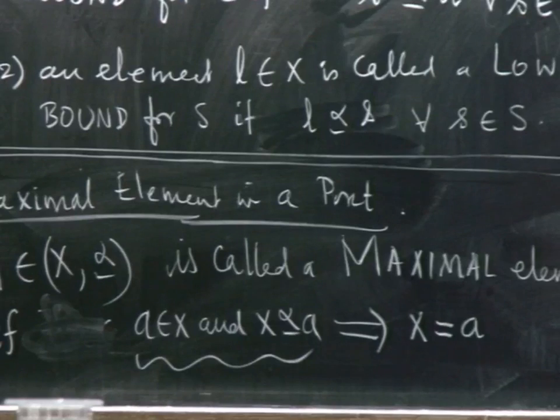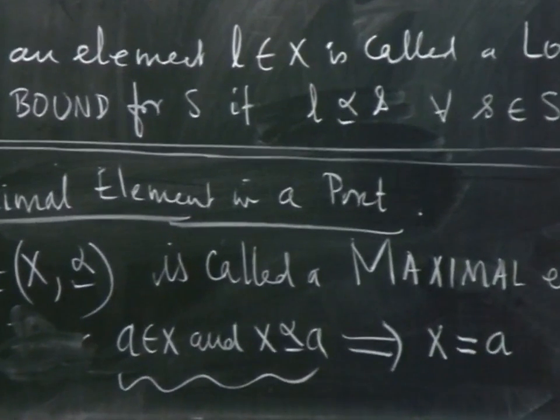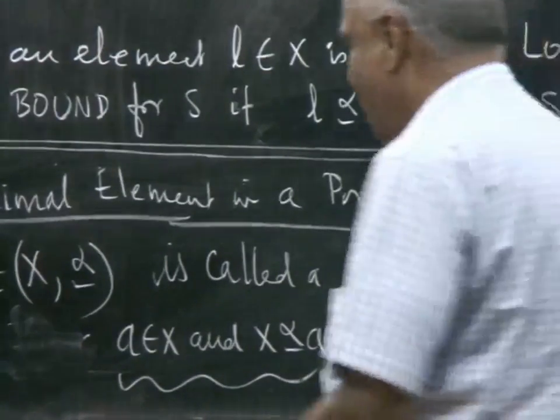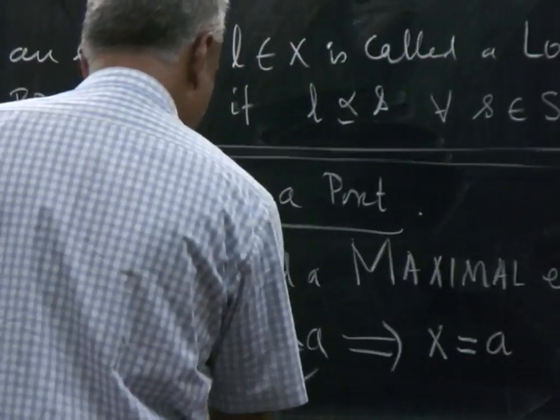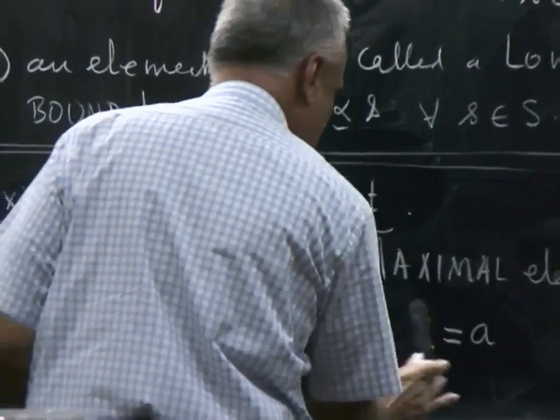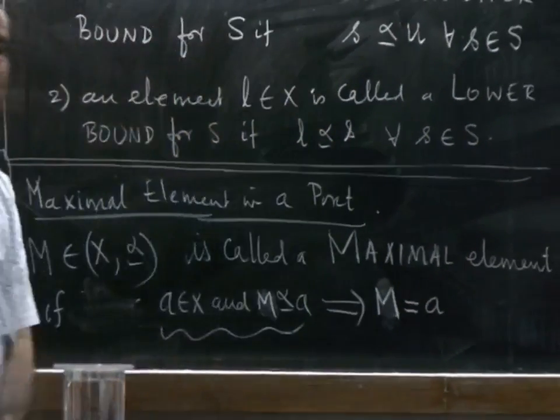If anybody can be related to him, only he can be related. Nobody else can exceed him. Think of this as less than or equal to. Yeah. a belonging to X, M less than or equal to a implies M equal to a, that is called a maximal.